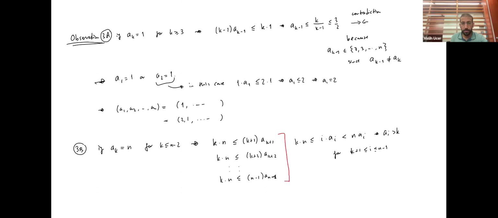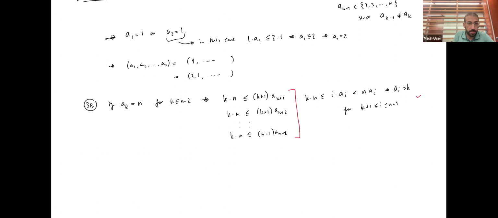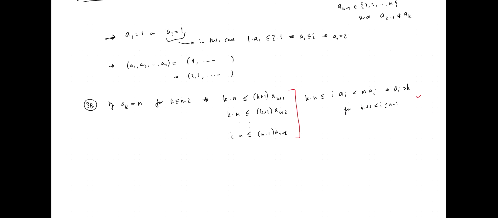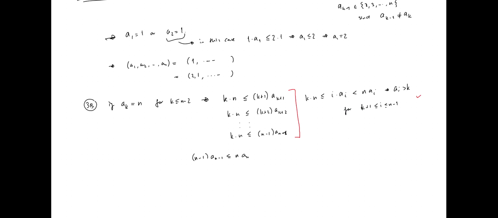And secondly, so this is one idea. And the second one is what you said, we use n minus 1 times a_{n-1} less than or equal to n times a_n. And this has already been proven.